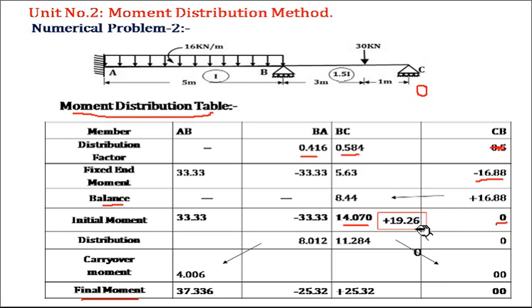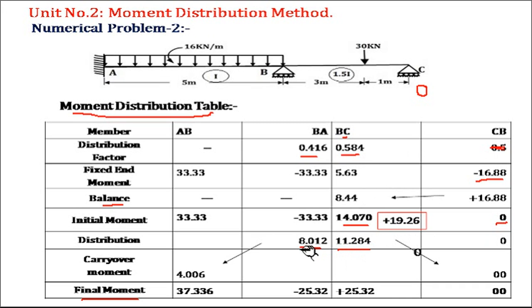The component of correcting moment for member BA will be 19.26 multiplied by the distribution factor 0.416, which is equal to 8.012. The component in member BC will be 19.26 into 0.584, which is equal to 11.284.